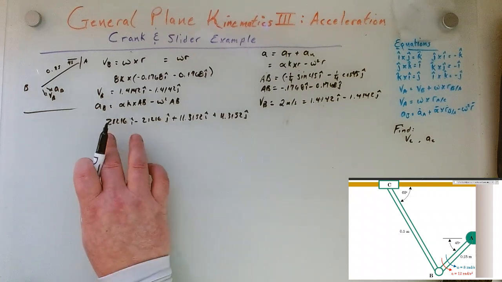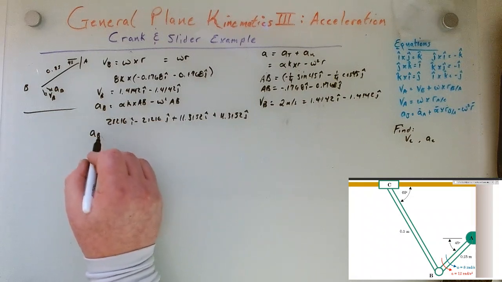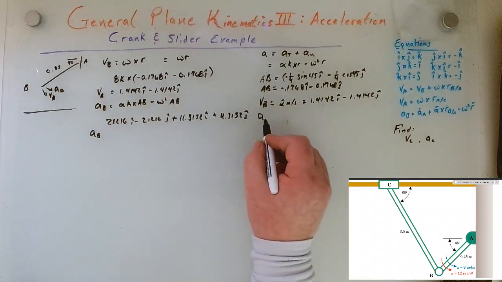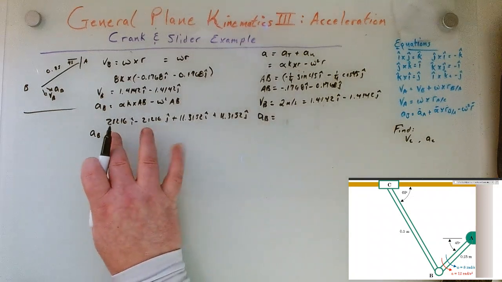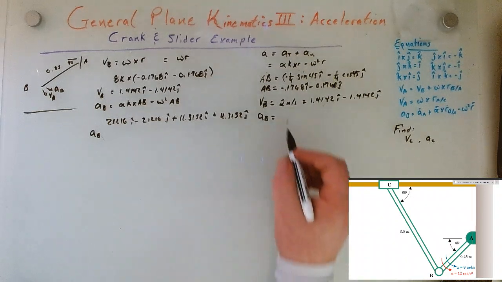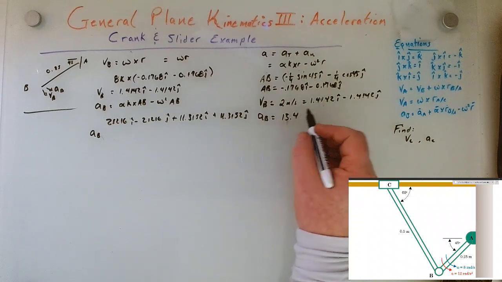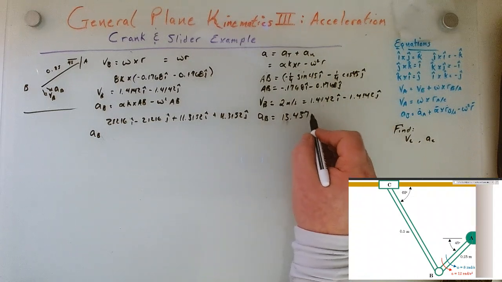Finally in business. Okay, so here, a sub b, and now I'm going to put it over here. A sub b is equal to this plus this, so plus 11.3152, 11.3152, 13.437 i.